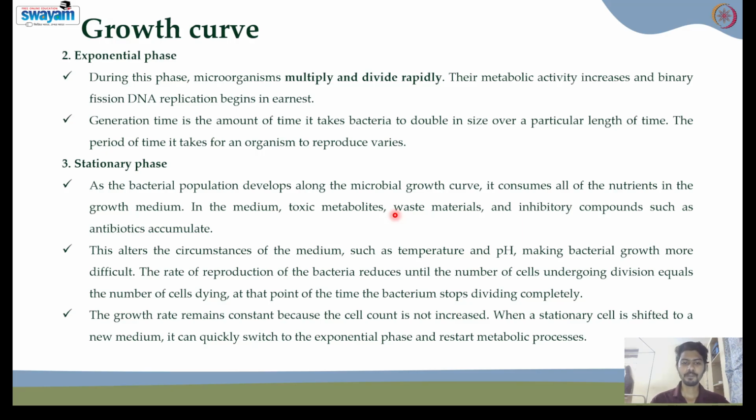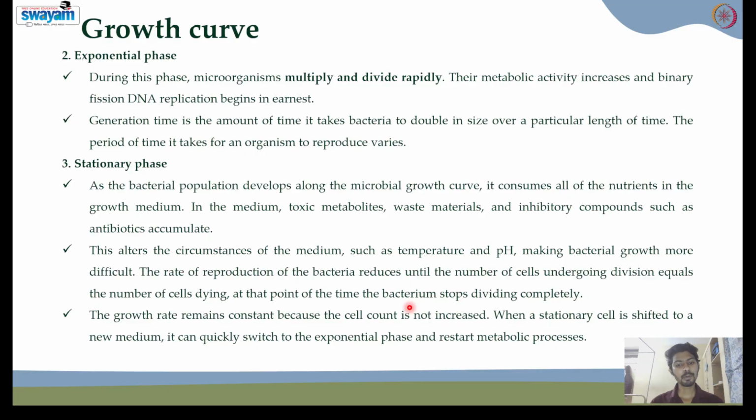If all this happens, it will change the circumstances of the media. Sometimes it can increase the temperature of the media or change its pH, which is unfavorable for the microorganism. When an unfavorable environmental condition occurs, bacterial growth becomes difficult, they don't grow properly, or their growth will stop.